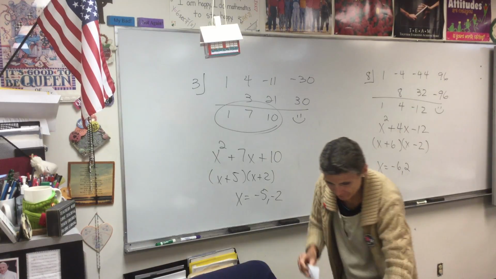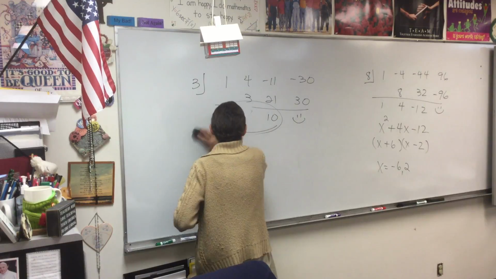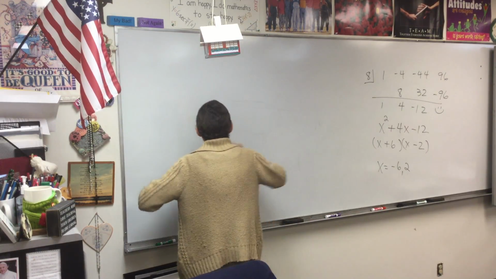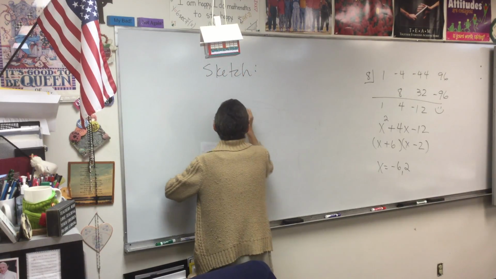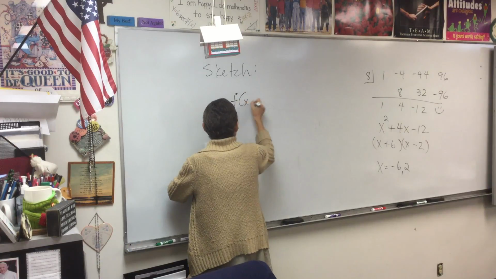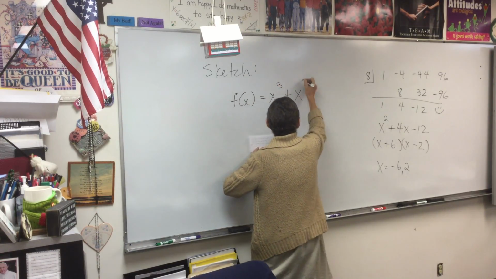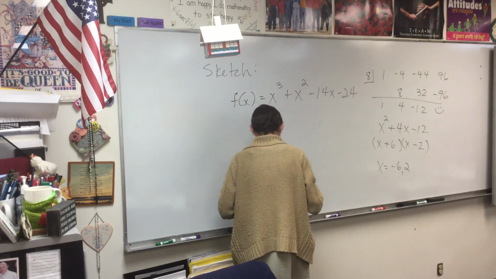Okay, I'm ready. Here's your problem. We are going to sketch f of x equals x cubed plus x squared minus 14x minus 24.